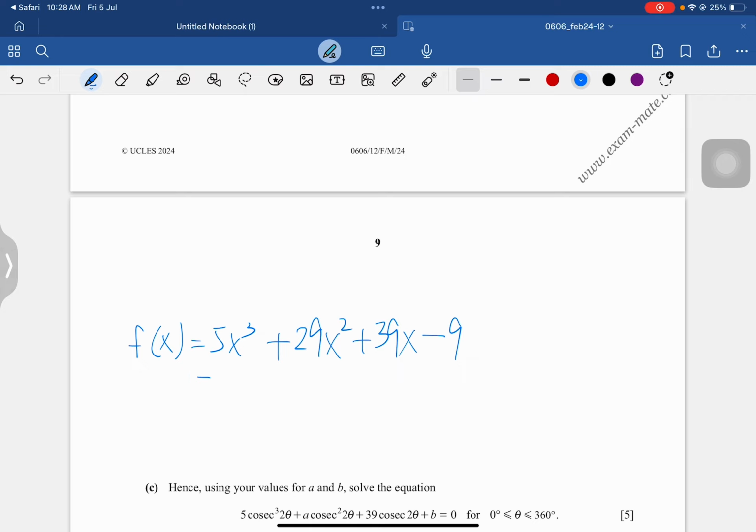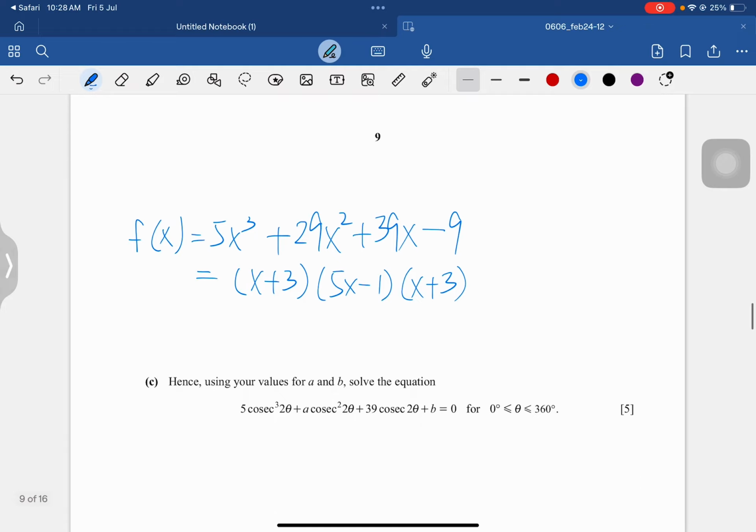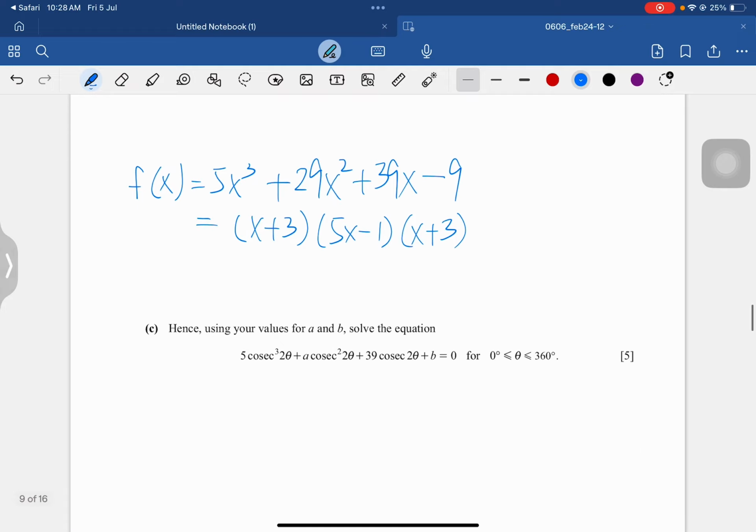And then we managed to factorize, become x plus 3, 5x minus 1, and x plus 3. And you can have a look, it's actually the same.